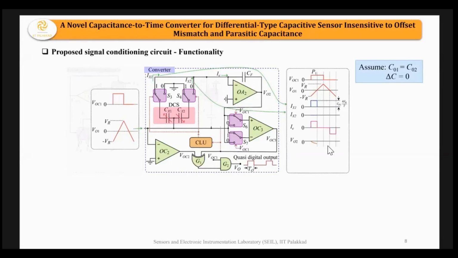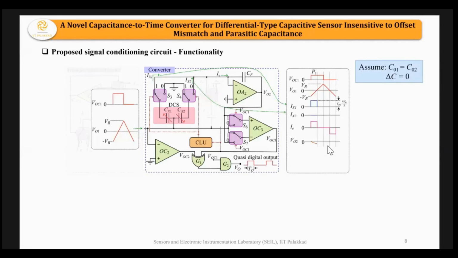During phase P1, the switches S3 and S4 will be switched to position 1, which means CX2 is not connected to the integrator, while CX1 is connected to the integrator. Phase P1 forms the first half of the positive slope of the triangle wave. The current through CX1 is C dV/dt, so it differentiates the voltage.